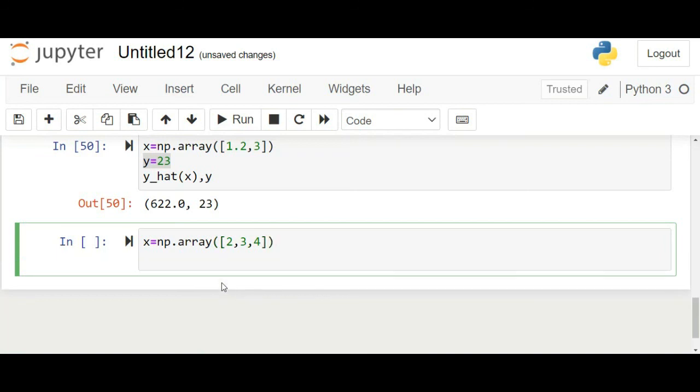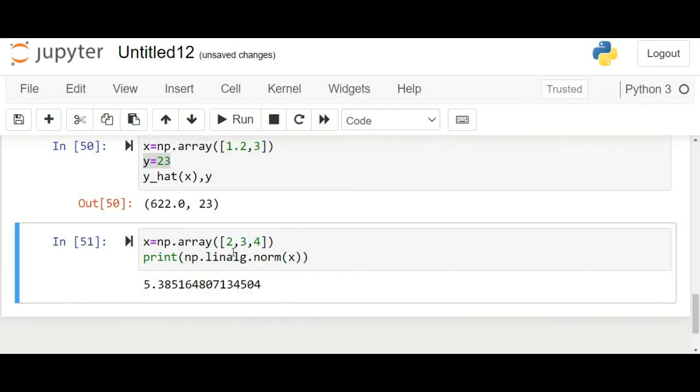Okay, and then we shall print, inside the parentheses we will write np.linalg.norm of x. Okay, and after pressing control and enter we will get this result.